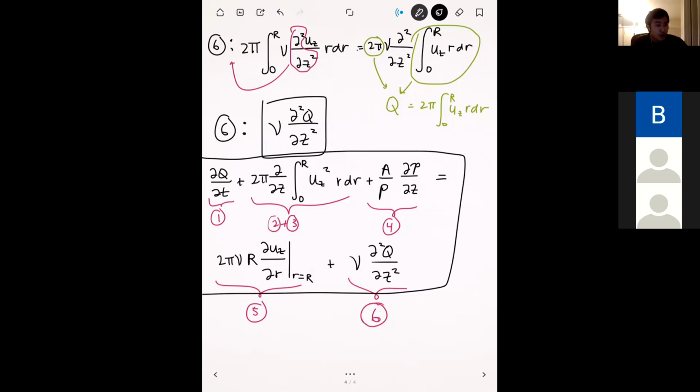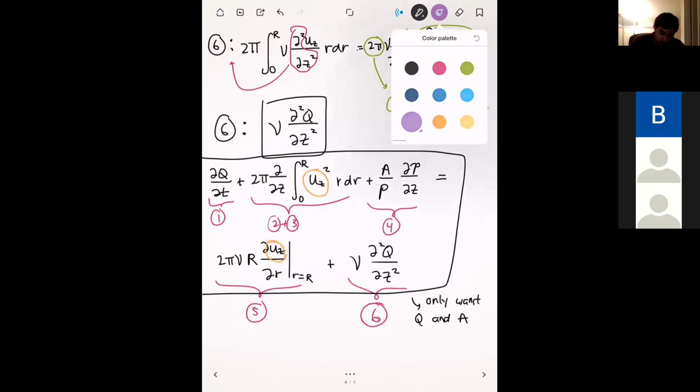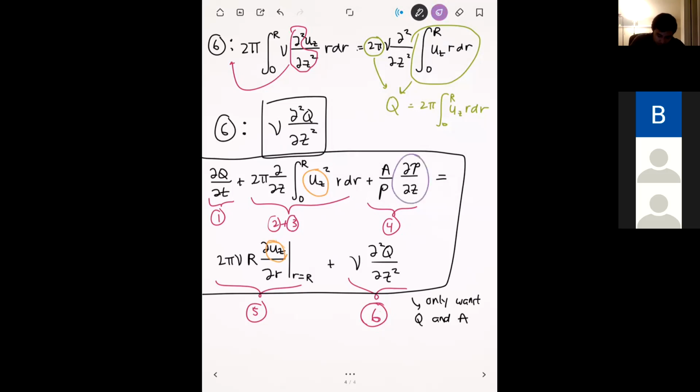All right. So we've made good progress on these equations, but we're not through yet because remember what we want in the end is we want this equation to be just in terms of q and a. And so right now we have a lot of uninvited guests to the party that we don't want, right? And so in particular we have uz, okay, and so we have to do something about uz, and then we also have p, right?